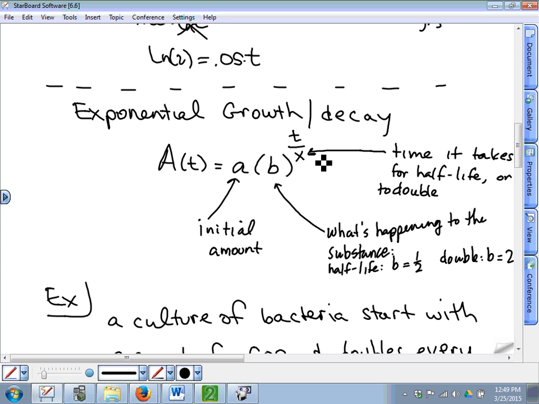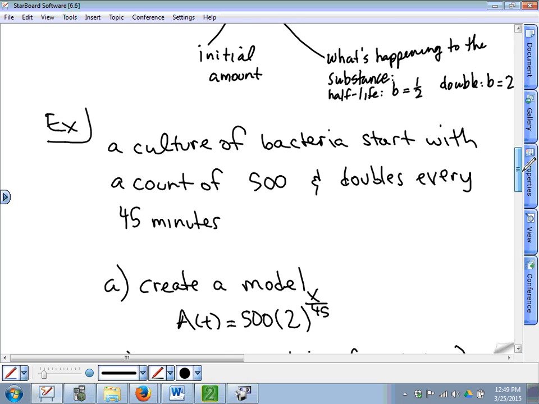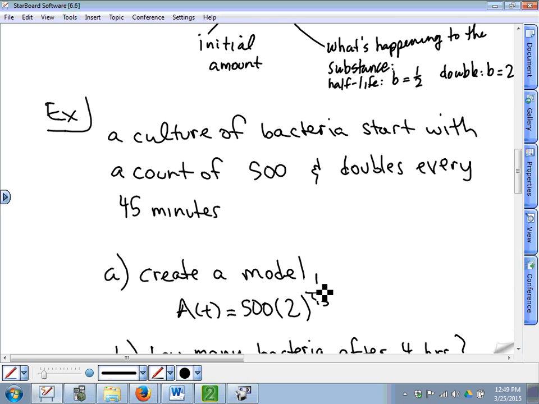The x is the amount of time it takes for the half-life to cycle or for the amount to double. Yeah, let's do it like that. And then down here, there should be a t. I think that would make more sense, to plug a time into t and not a time into x. So A of t is 500, base of 2.